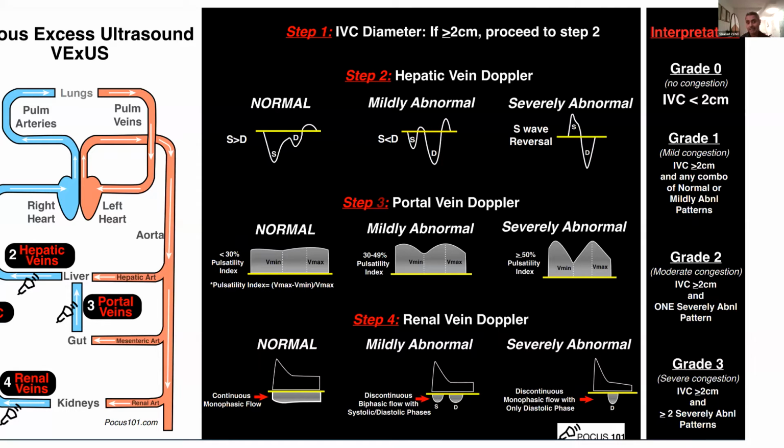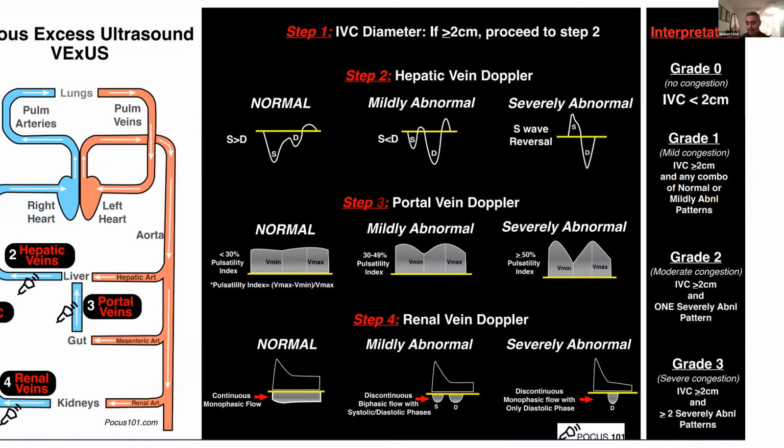Let's focus on that. When you look at an IVC, the cutoff value you want to remember is 2 centimeters. If your IVC is greater than 2 centimeters and varies with respiration by less than 50%, then that patient likely has a high CVP or a high right atrial pressure.